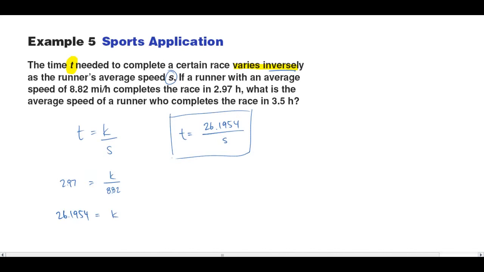Now if you tell me a runner who ran the race took 3.5 hours, I could tell you what his average speed was for that entire race. So I put in 3.5 hours for his time, and I have this constant right here divided by s. I'm going to multiply s to both sides real quick, and then I'm going to divide by that 3.5, and I get 26.1954 divided by 3.5.